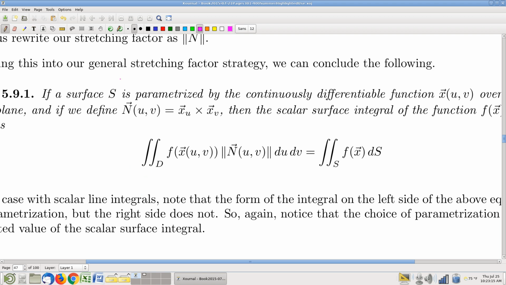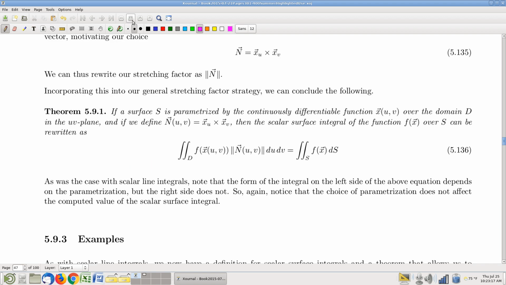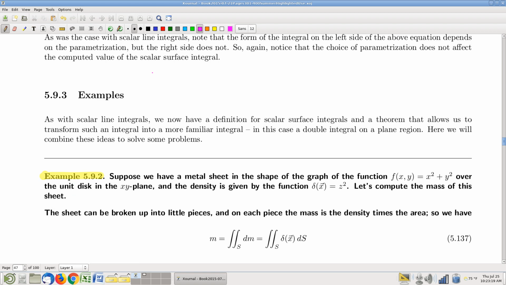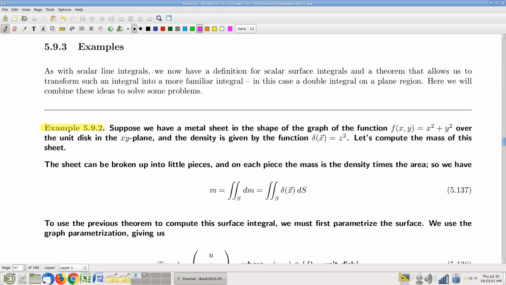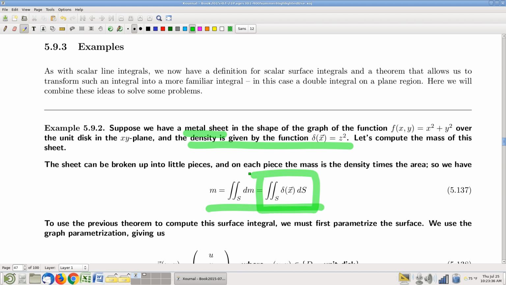Okay, so examples. So let's suppose we have a metal sheet. Now I'm going to do a metal sheet, no particular reason. We've got that application already agreed upon. Metal sheet with a density as a function of position. We know that mass is computed with this scalar surface integral.